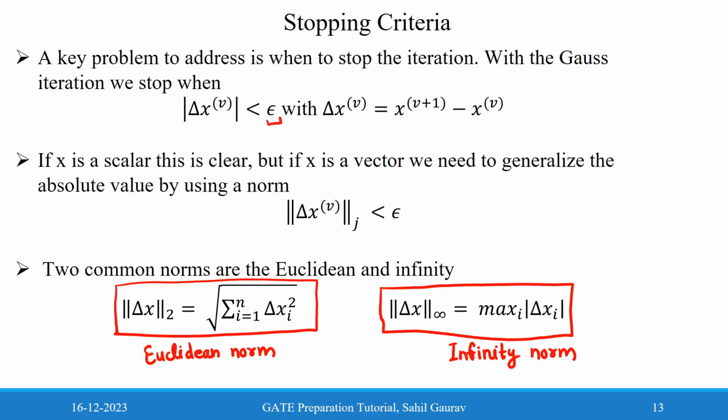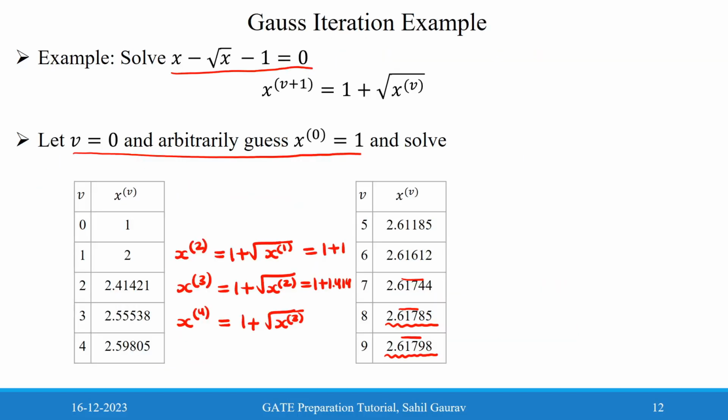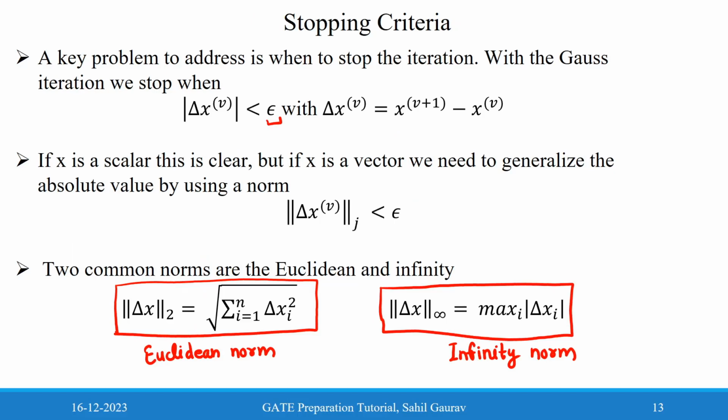So what we have understood is that for solving this type of nonlinear system we know how to apply the iteration method, but we don't know where to stop. For that, we take a small value epsilon to decide the difference of x_v. We calculate the difference of x_v, and if it comes less than epsilon, we stop the iteration and take this as the approximate solution for the nonlinear system using the Gauss iteration method.